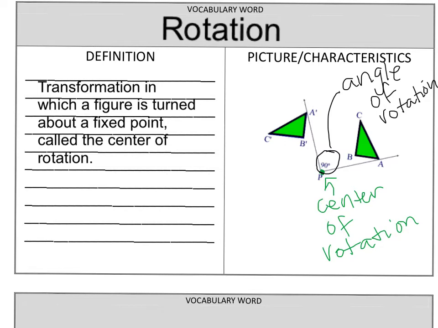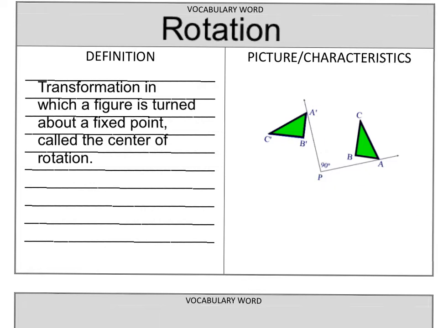Now instead of calling it to the left or to the right, there are two different ways that they rotate. We can either turn the object clockwise or counterclockwise. So let's refresh our memory. Which direction does a clock turn?